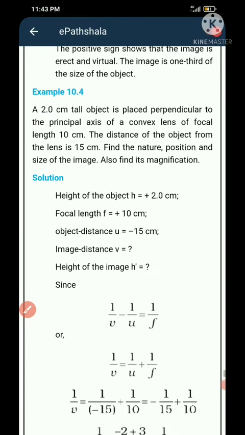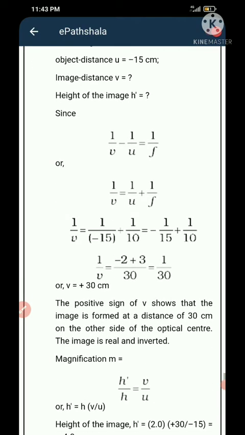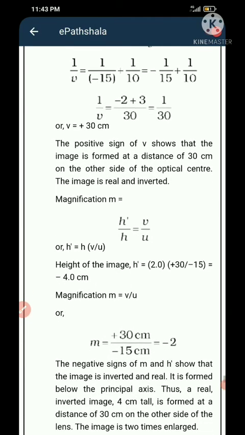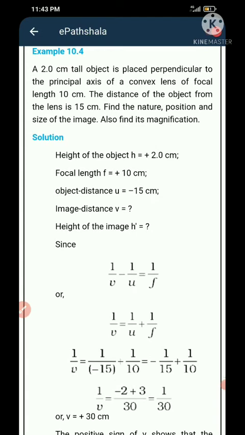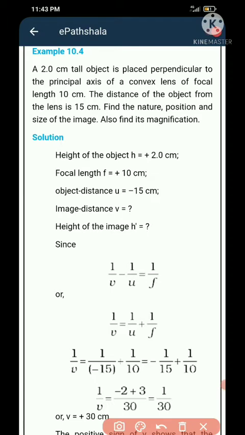Next, example 10.4. It is the convex lens, the converging lens, which gives real and inverted images all the time, but in one case there is a virtual image. So let's check out what kind of image is given here. A 2 centimeter tall object is placed perpendicular to the principal axis of a convex lens of focal length 10 centimeter.